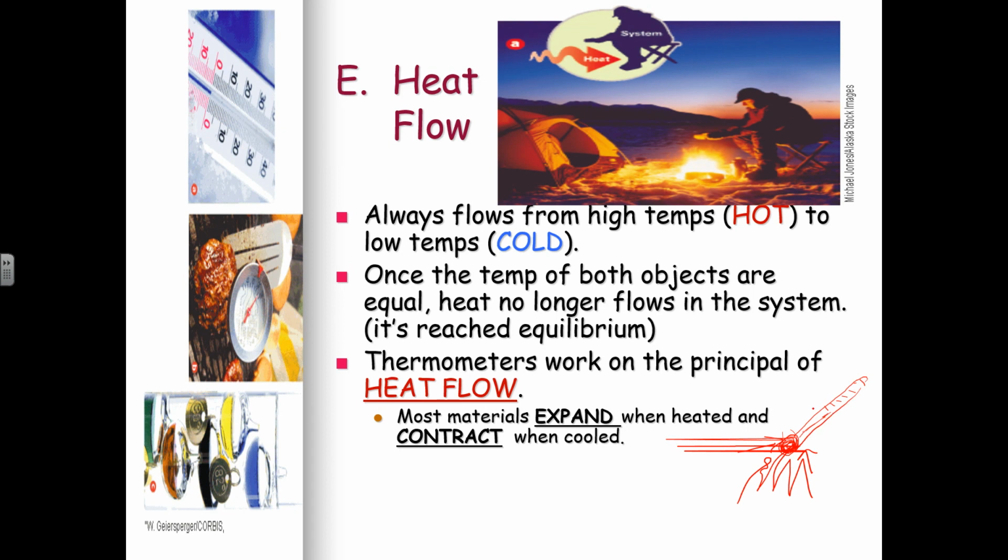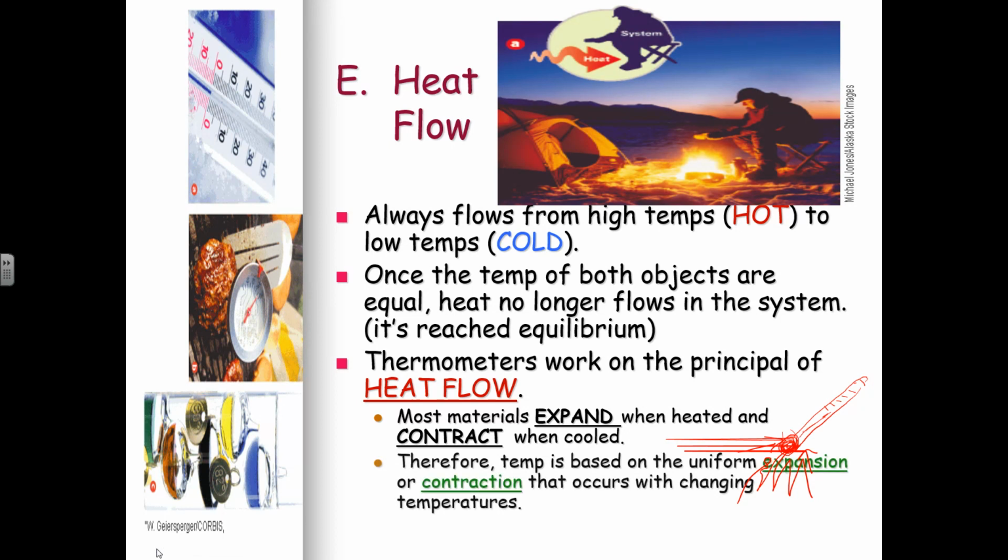So you would see a rising temperature because the matter, the alcohol or the mercury or whatever's in the thermometer, when it's heated, it's going to expand. And then if you were to put it in ice, it would get really cold. It's going to contract. So you would see falling temperatures in that case.